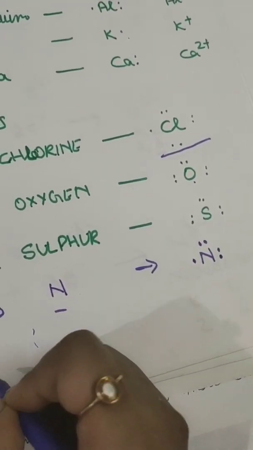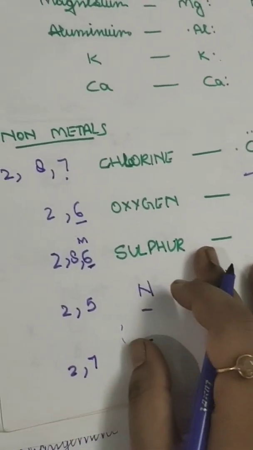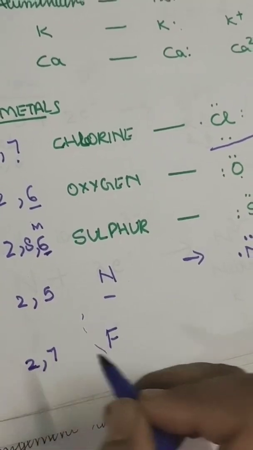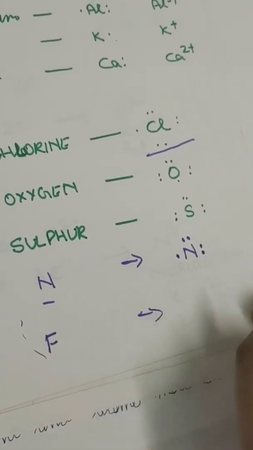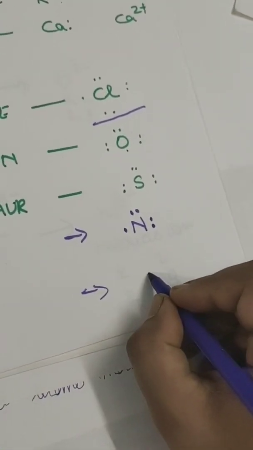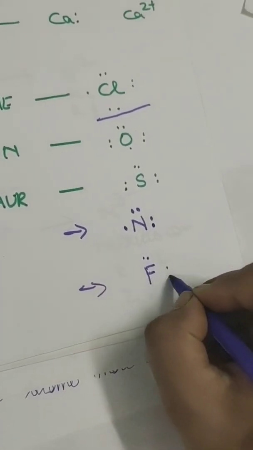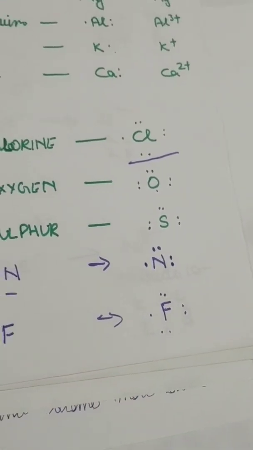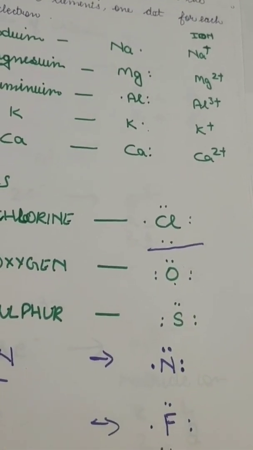Fluorine has 2 and 7, because it has atomic number 9. So now it will have 7 electrons, same as chlorine, because chlorine and fluorine are from the halogen family. So this is the electron dot structure of metals and non-metals.